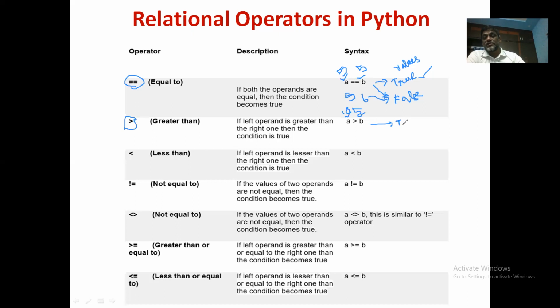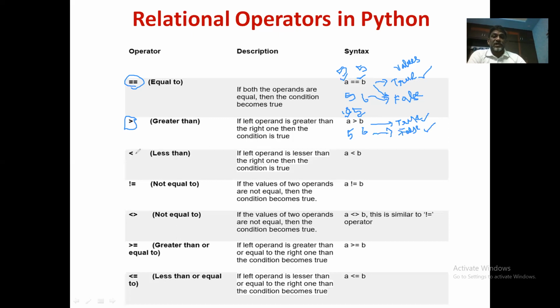So if the question has the answer yes, then the value returned by the relational operation is true. For example, if A is 5 and B is 6, then the statement A greater than B returns false in this case. So observe again the relational operation returning either true or false based on the values of A and B.